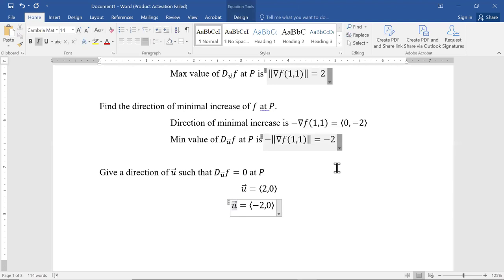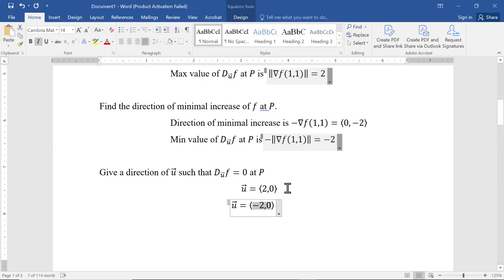And maybe I should have said direction of a unit vector. I don't know if this has to be a unit vector. It was kind of ambiguous in the way the question was asked. Obviously, this is not a unit vector, but this is a direction in which we'd get 0 as our directional derivative. Here's another direction where we would get 0 as our directional derivative.